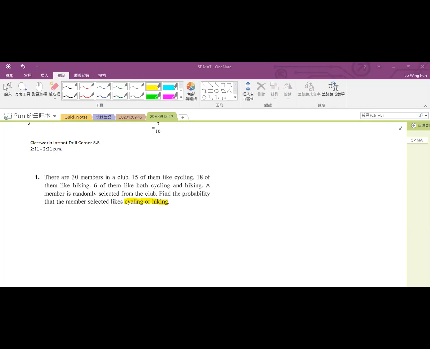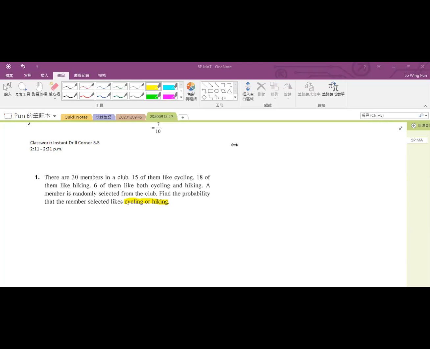All of them are probabilities, so it will be fraction plus fraction minus fraction. Each fraction will have the same denominator of 30. How many of them among the 30 members like cycling?